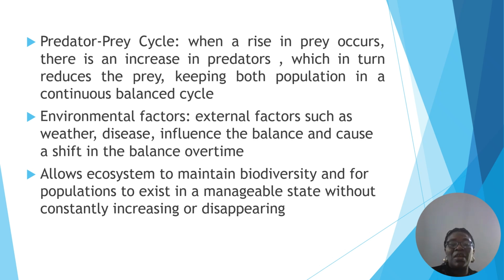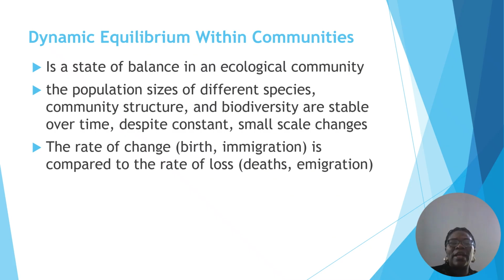So this is what we mean by maintaining biodiversity. That is, the number of different organisms that are there seems to be constant, though not perfectly 100%. So now let's look at dynamic equilibrium within communities.